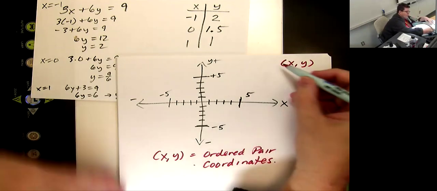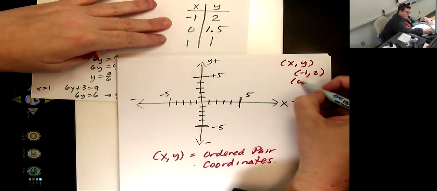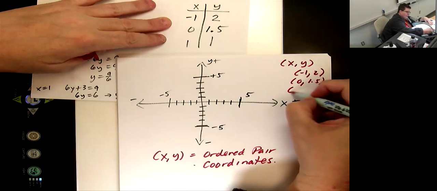So my points here were -1, 2, 0, 1.5, and 1, 1.